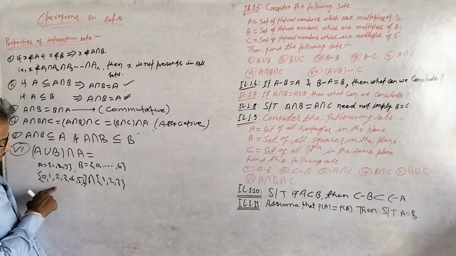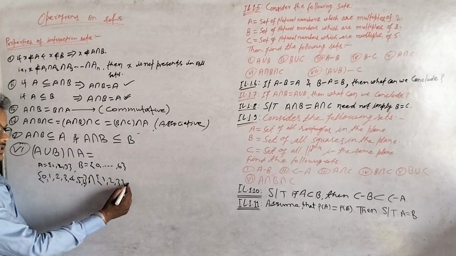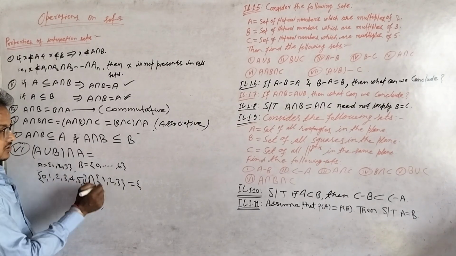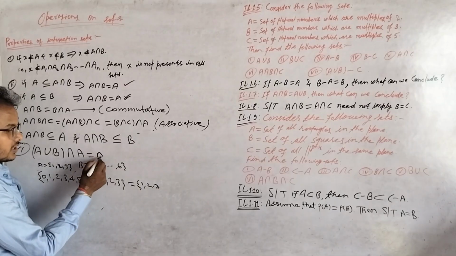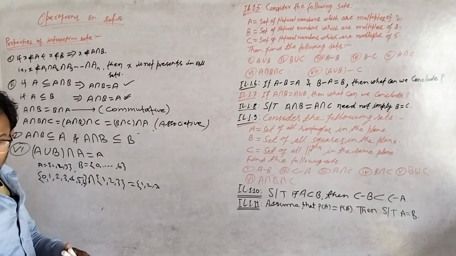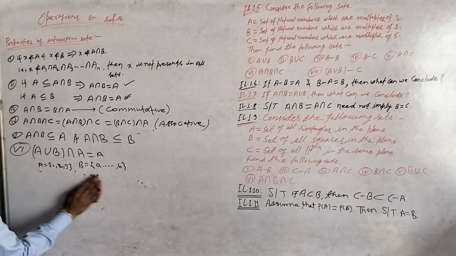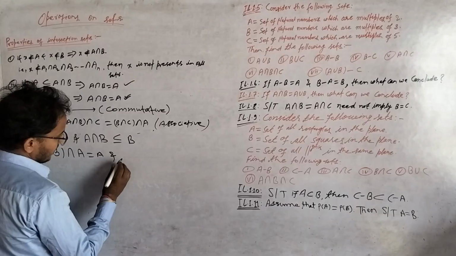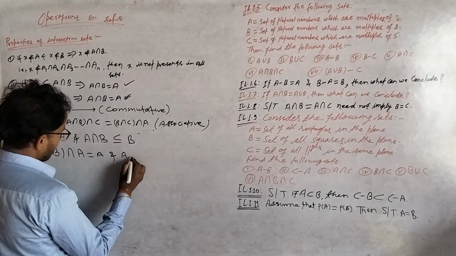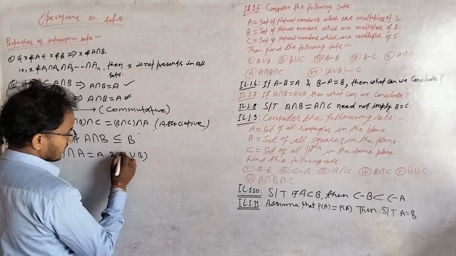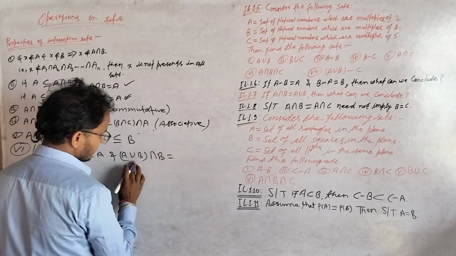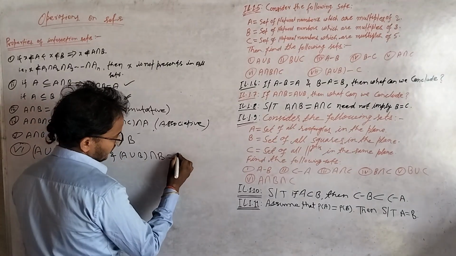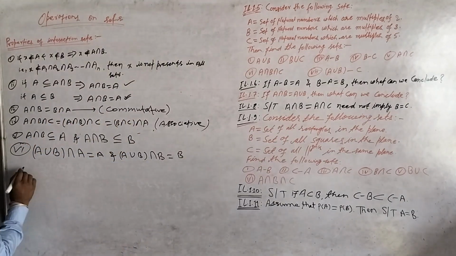Now the intersection of these sets has only the common elements 1, 2, 3. That means set A, so here we write only A. Similarly for set B, A union B intersection B gives set B.